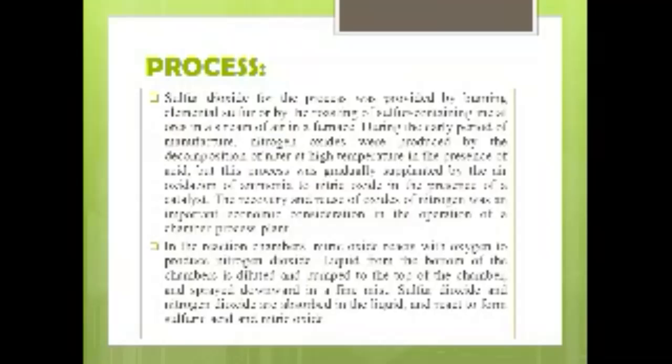So in the reaction chambers, nitric oxide reacts with oxygen to produce nitrogen dioxide. Here, liquid from the bottom of the chambers is diluted and pumped to the top of the chamber and sprayed downward in a fine mist. Sulfur dioxide and nitrogen dioxide are absorbed in the liquid and react to form sulfuric acid and nitric oxide.